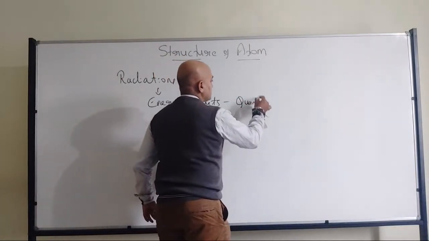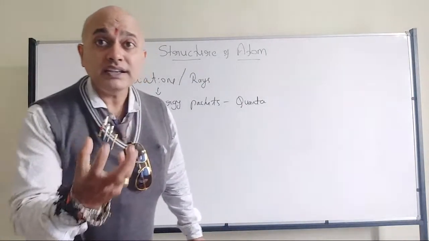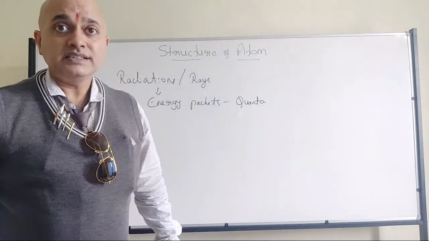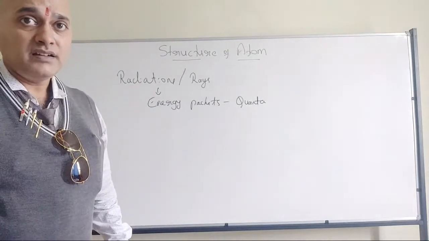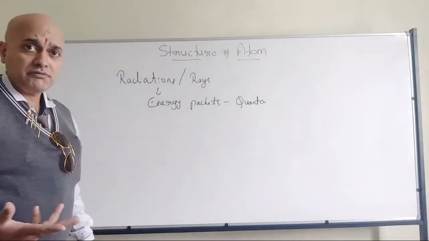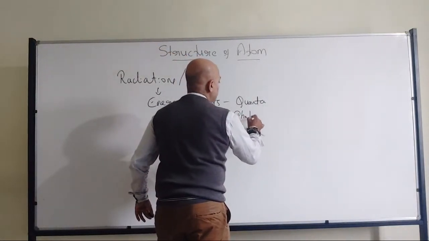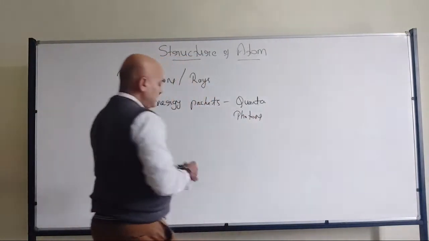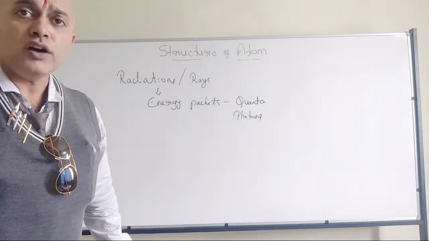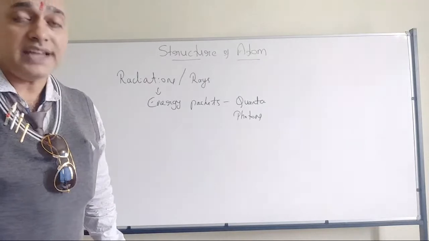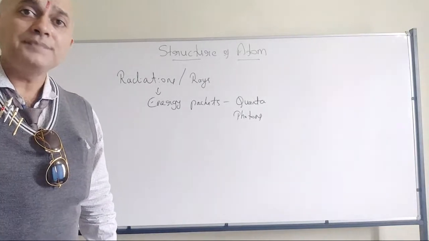We will call it quanta, which is related to quantity, energy packets. Now photons, we can even call them photons. Each photon has a definite energy in a radiation. All of you will agree?